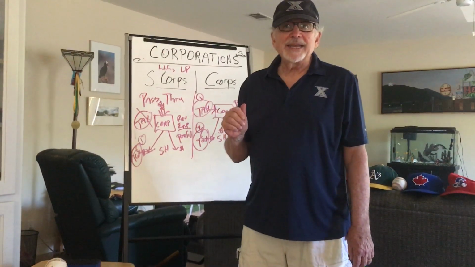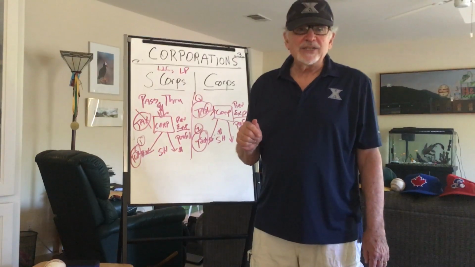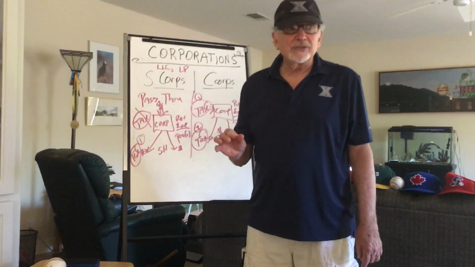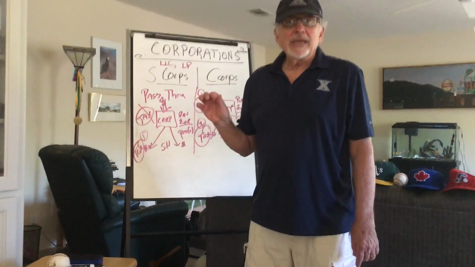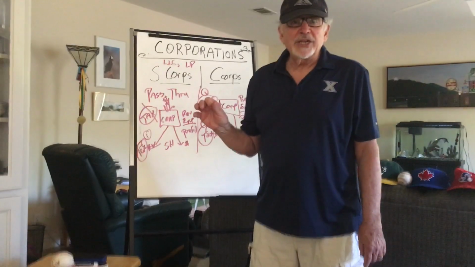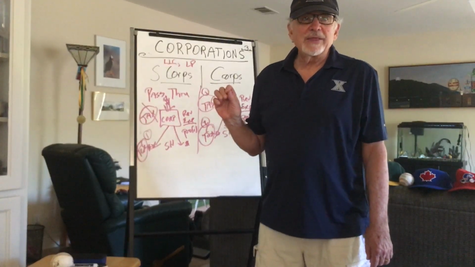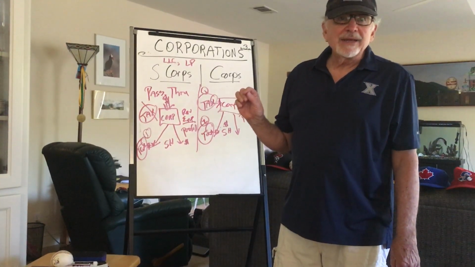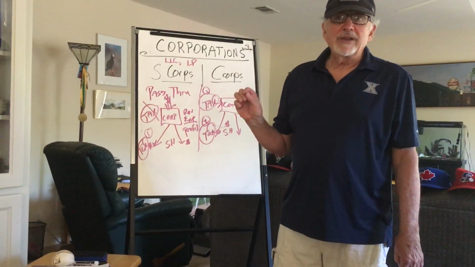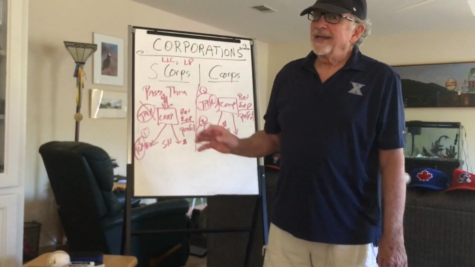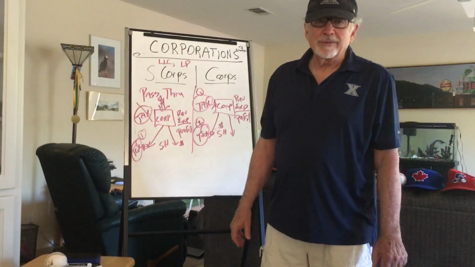Most businesses that get loans or have a lot of investors are C corporations because that's what the investors are looking for. When you get an initial public offering to buy a whole lot of shares and go public, that's normally a C corporation.